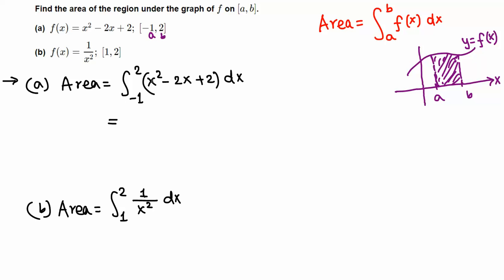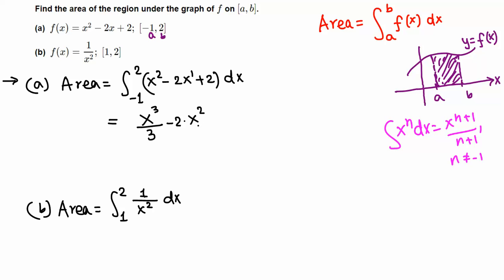The antiderivative of x^n, we know the formula for the integral of x^n dx, is x^(n+1) over n+1, as long as n is not equal to negative 1. So for x squared, that's x^(2+1), x cubed over 3, minus 2 times x, which means x raised to 1, so x^(1+1), x squared over 2, and by the way the 2 and 2 cancel, just x squared.